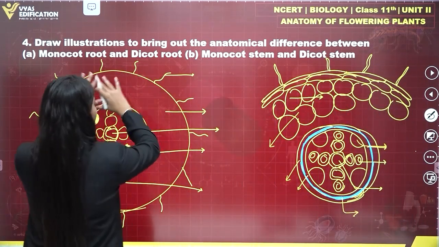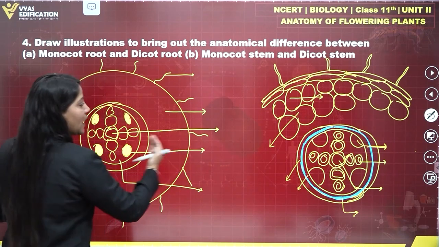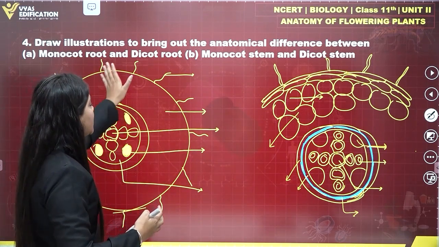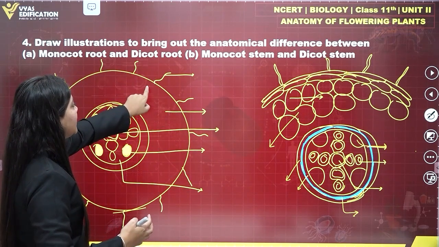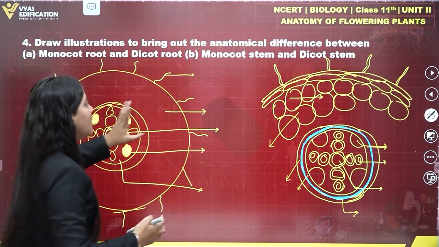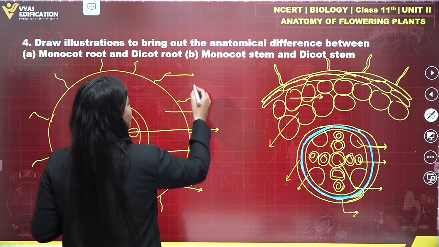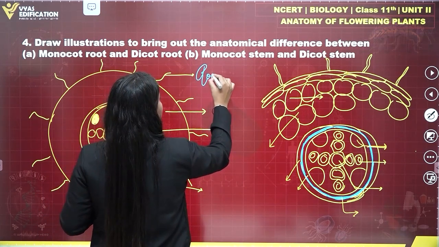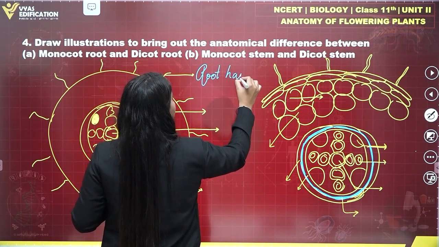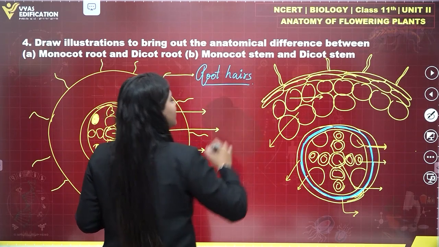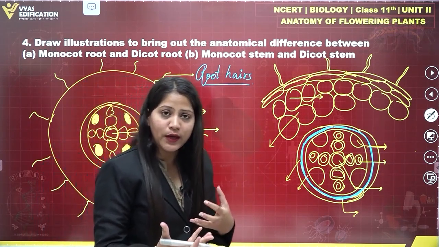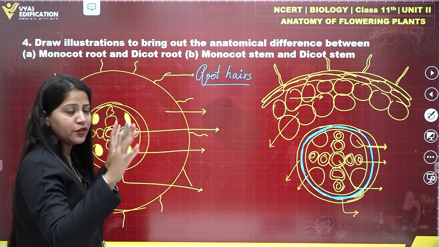We are starting from the outer to the inner side. The first structure you can see is the hair-like structure. The hair-like structures in the root are actually root hairs. Obviously, root hairs are found only in roots, not in stems.